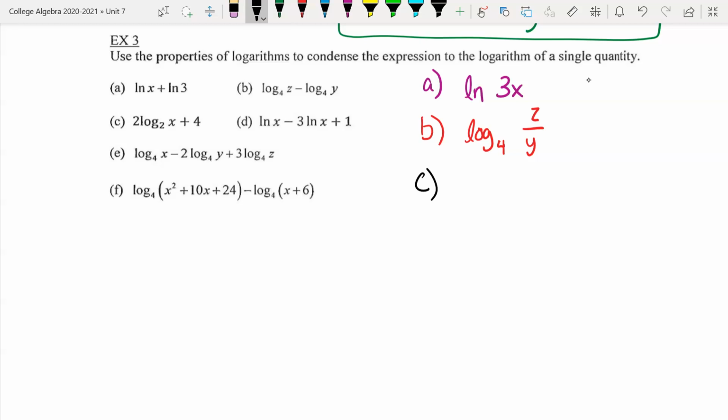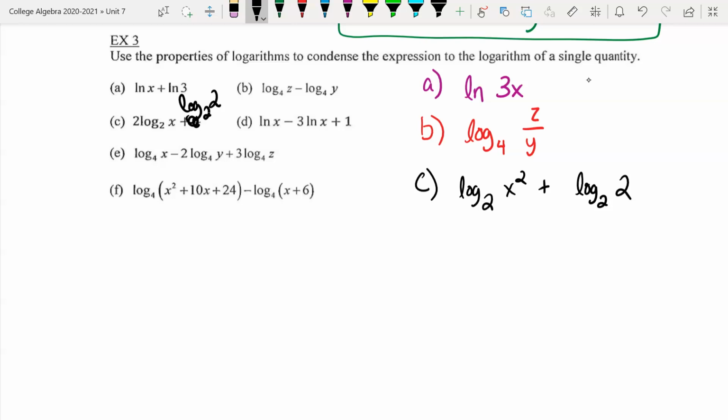C, don't forget if it has a number out front, that's going to be an exponent. So I'm going to say log base 2 of x squared plus log base 2 of, what would that be, 16? We're going to rewrite this as log base 2 of 2.